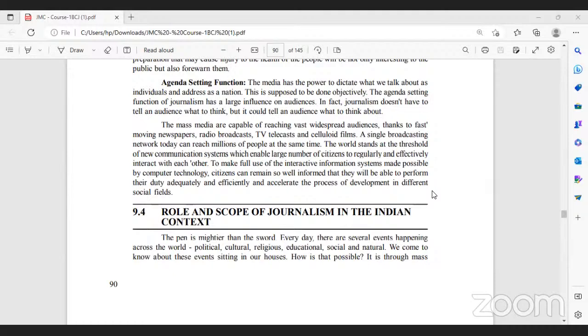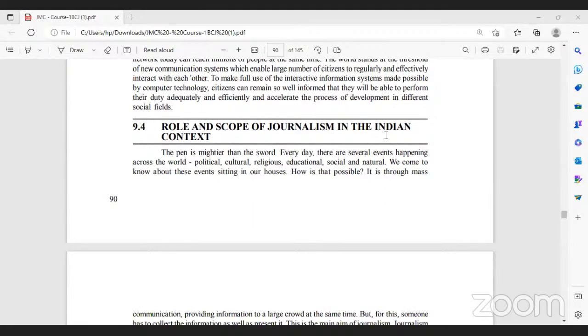With these technological advancements, we can interact with most people effectively with the help of communication systems. When you pass on information continuously, you set an agenda. So those are the functions.